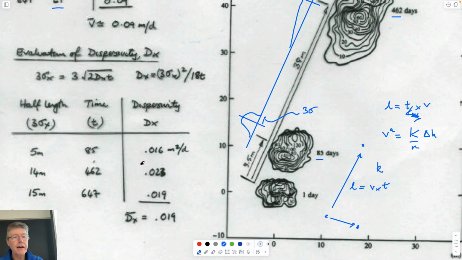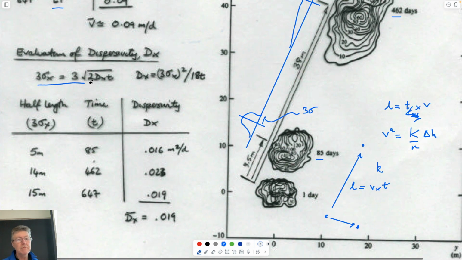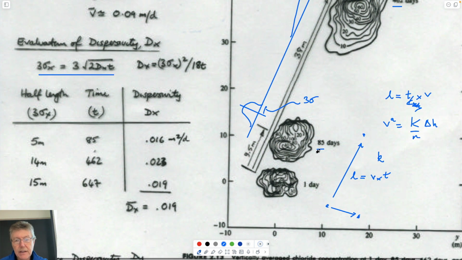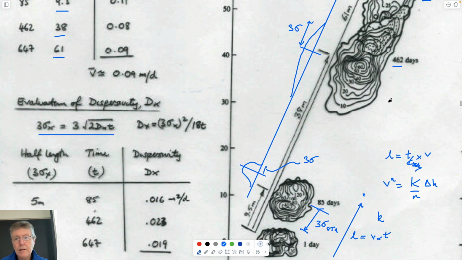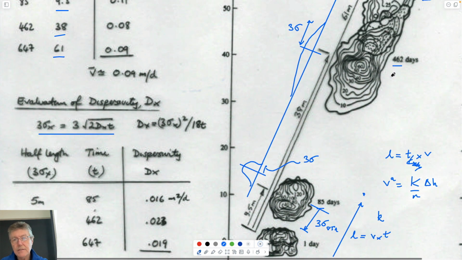You know that you can evaluate your dispersivity from this, because now you also have this length. This length here is 3 sigma after 85 days. I can't see exactly.